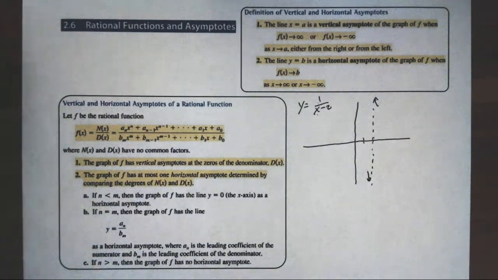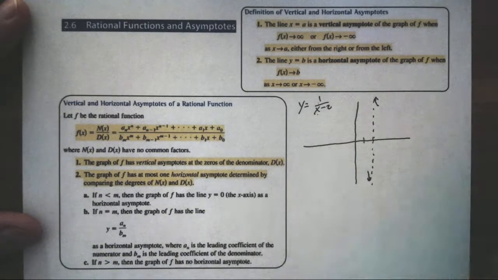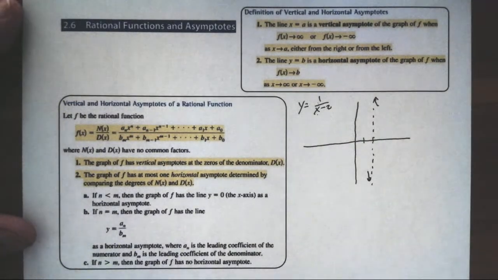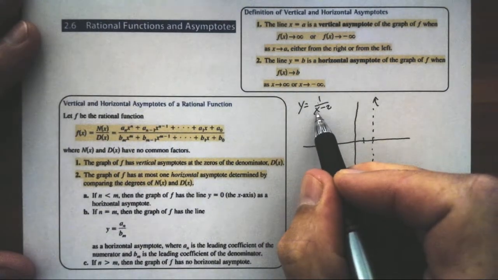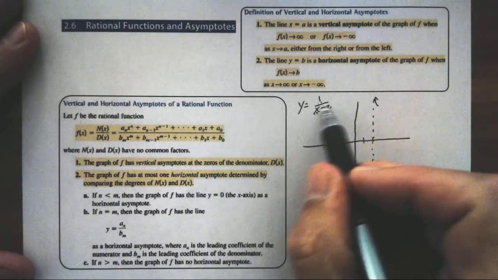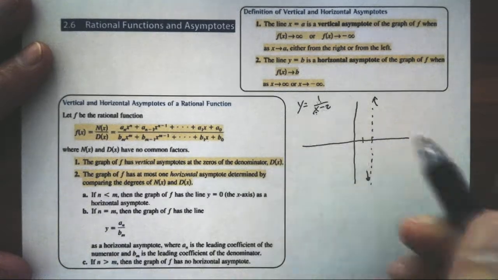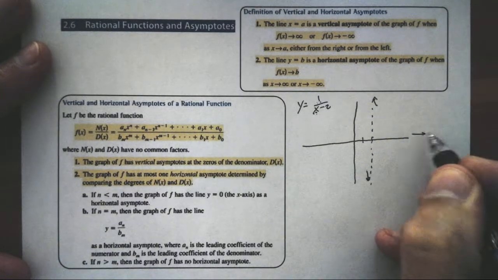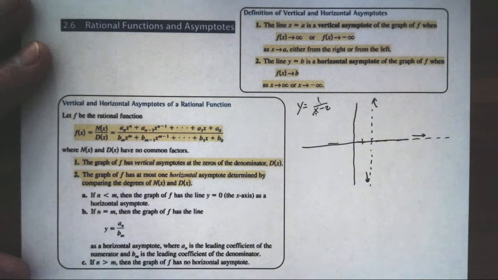So that's our vertical asymptote, and we have horizontal asymptotes, and this is all based on what I refer to as the big X test. If I put a huge positive value in here, I get 1 divided by a huge positive value, which is trying to be 0, but it's positive divided by positive. Eventually this graph is coming into this horizontal asymptote, 0.